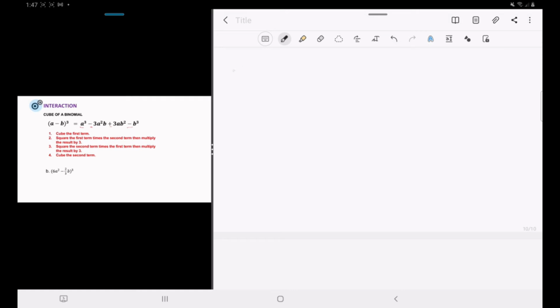Okay, so say we have here 6a squared minus 2/3b, cubed. It's the same pattern.